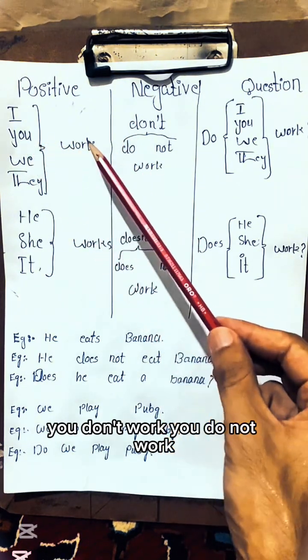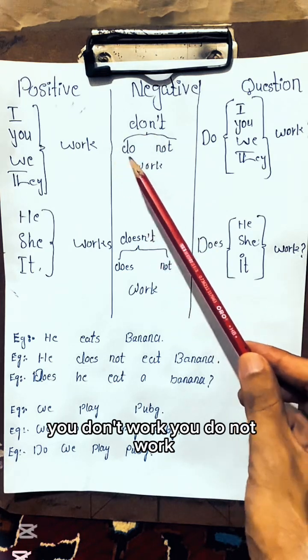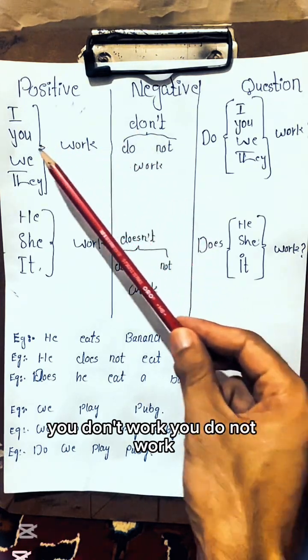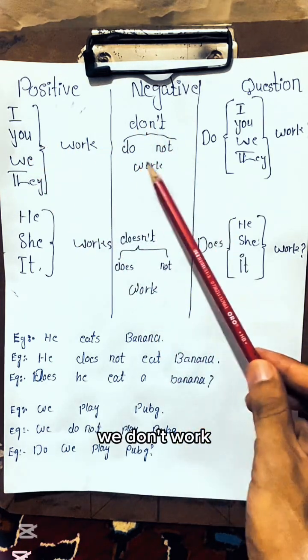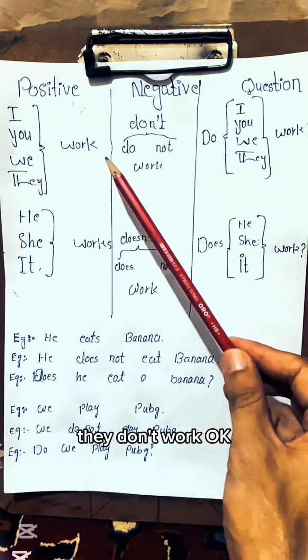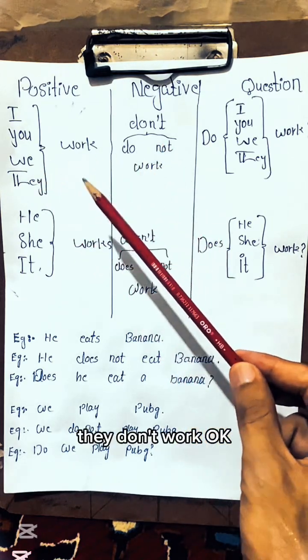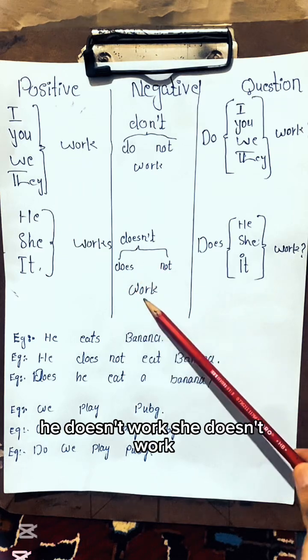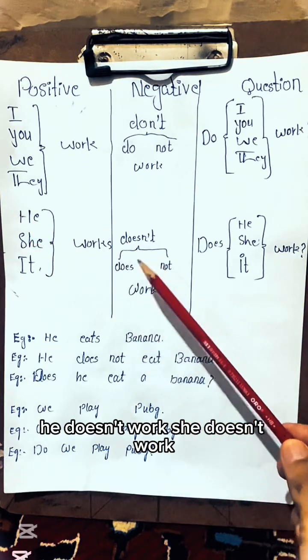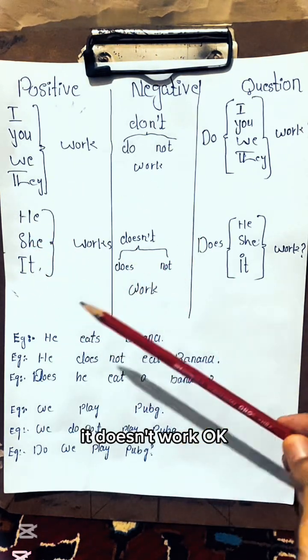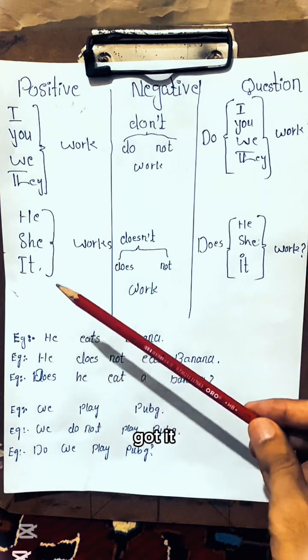You don't work. You do not work. We don't work. They don't work. He doesn't work. She doesn't work. It doesn't work. Got it?